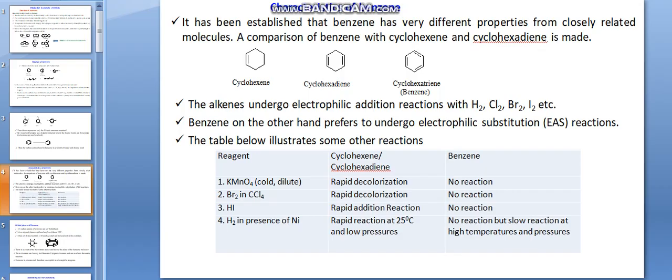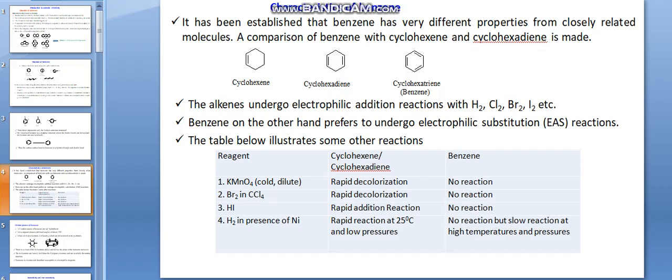As you can look at from this table, if there is a reagent like bromine, cold and dilute, cyclohexene or cyclohexadiene gives a rapid decolorization, but in benzene there is no reaction.